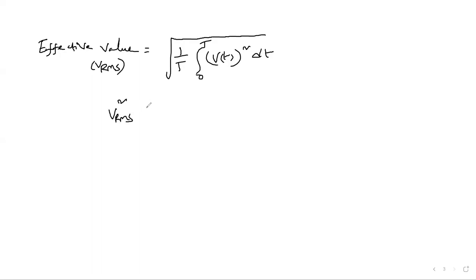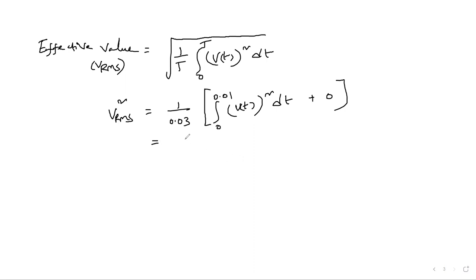Now I'm just taking the square on the left-hand side in order to remove the root on the right-hand side. So 1 over T, where T is 0.03, integral 0 to 0.01 of V of t whole square dt. I'm directly splitting the value and keeping that as 0.01, since the remaining value from 0.01 to 0.03 is 0, as we already did in the average value.